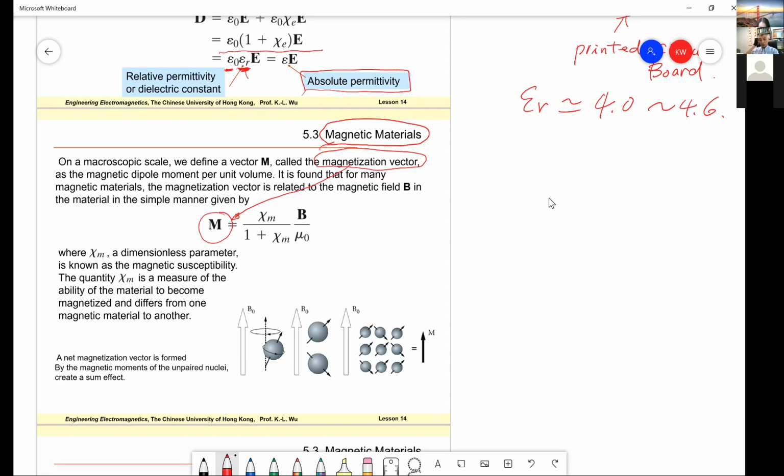When you have an original magnetic field applied to these materials, the electrons not only self-spin, but also rotate along a certain axis, moving along a certain axis, clockwise or counterclockwise.